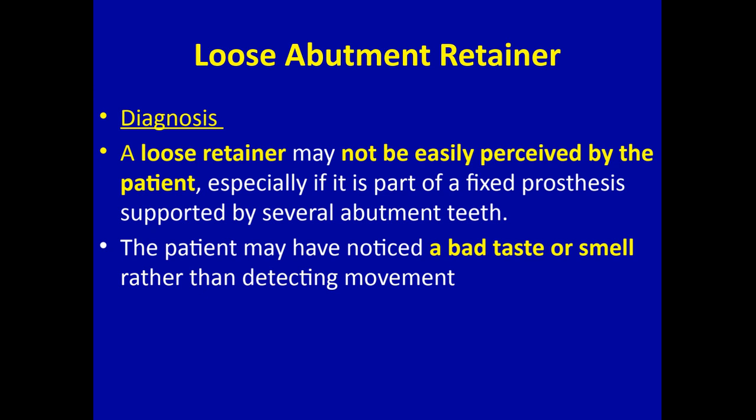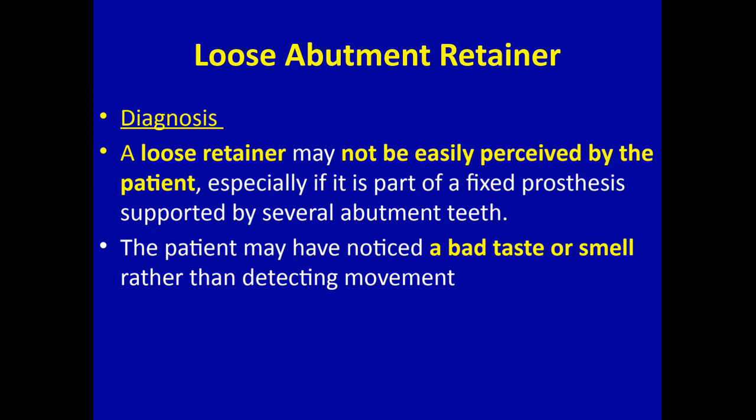How can you diagnose a loose abutment retainer of an FPD? It is difficult to detect clinically, and the patient always complains of bad taste or smell, especially if the abutment tooth is root canal treated or non-vital.